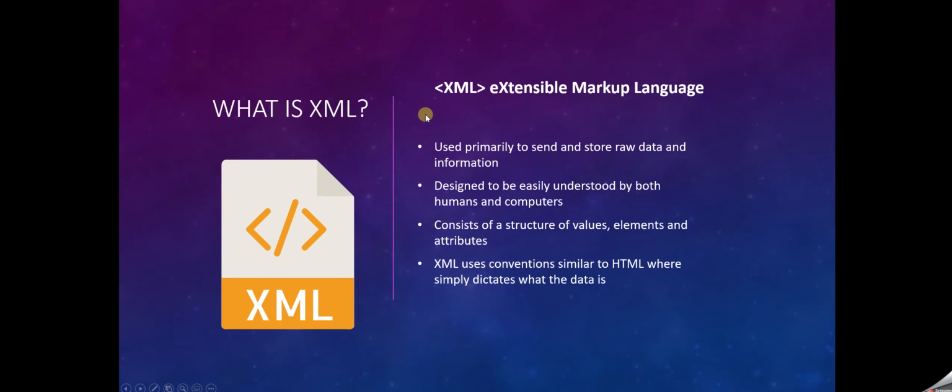The XML file is extensible markup language. It is very similar to the HTML file. We have tags, we have IDs, we can even use classes or data values. It is primarily used to send and store raw data and information.